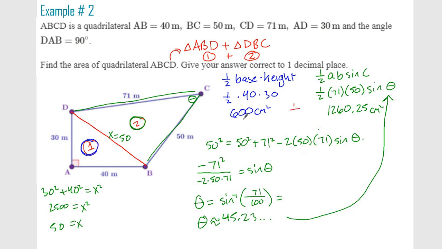So our final answer is this one plus this one, which ends up being 1860.25 square centimeters, because this is area.